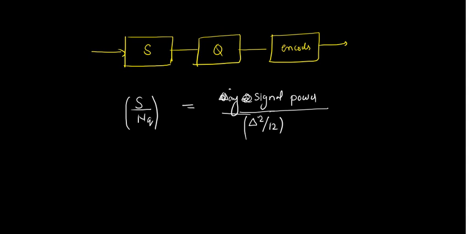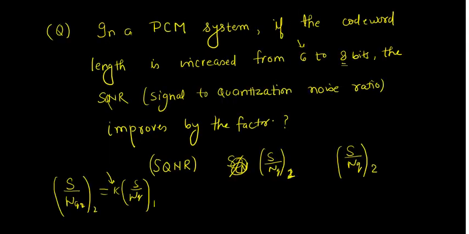As there is no change in the message signal, the average signal power will be the same, but now you are encoding using 8 bits.